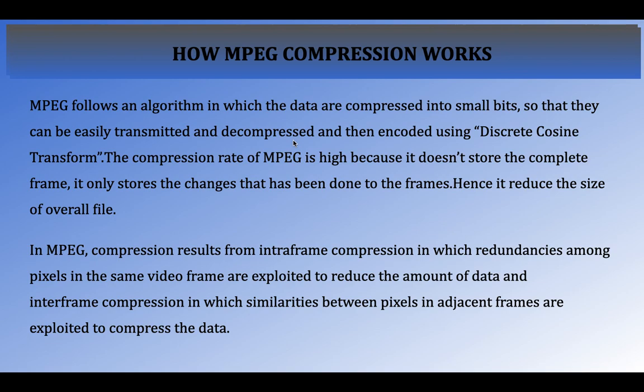Hence, it reduces the size of the overall file. In MPEG, the compression results from intra-frame compression, in which redundancies among pixels in the same video frame are exploited to reduce the amount of data, and interframe compression, in which similarities between the pixels in adjacent frames are exploited to compress the data. So this is how MPEG compression works.